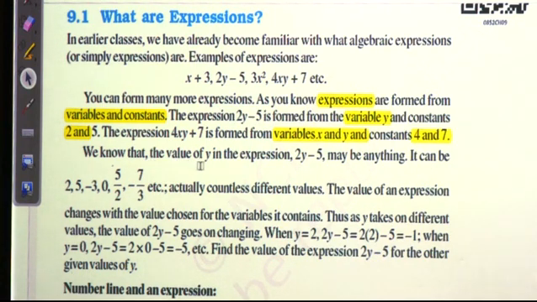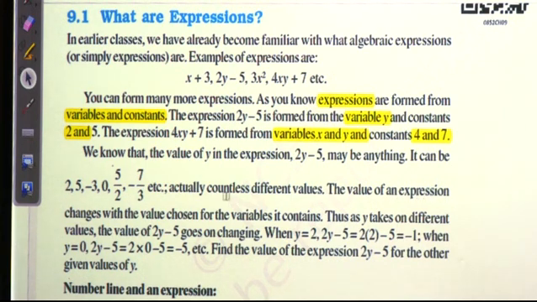We know that the value of y in the expression 2y minus 5 may be anything. It can be 2, 5, minus 3, 0, 5 upon 2, minus 7 upon 3, etc. There are countless different values that can be placed instead of y.